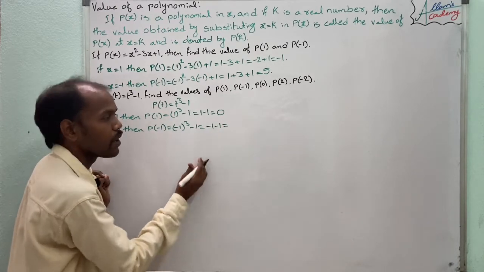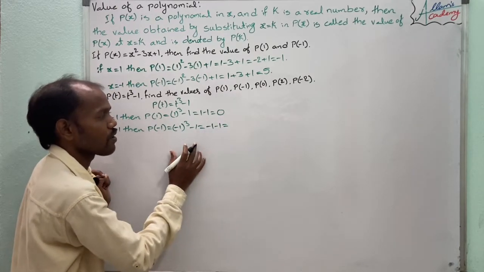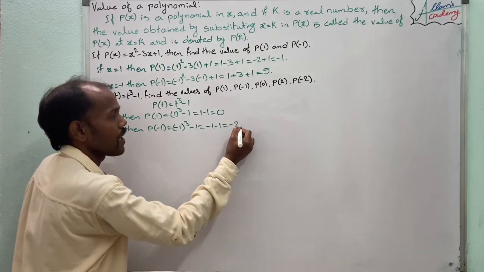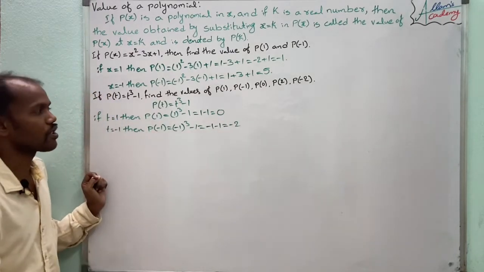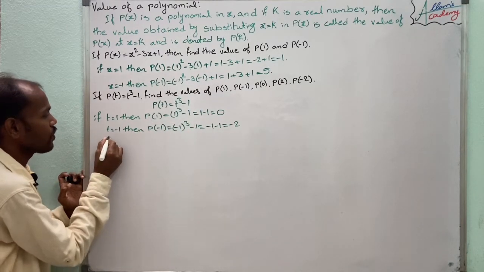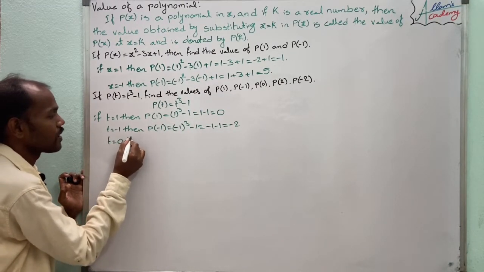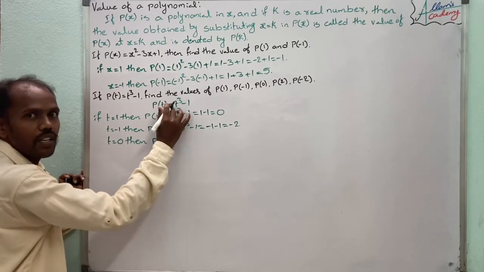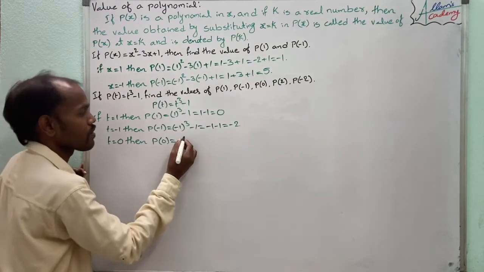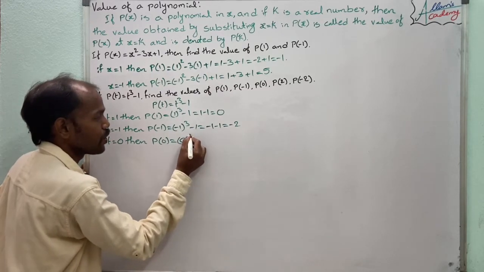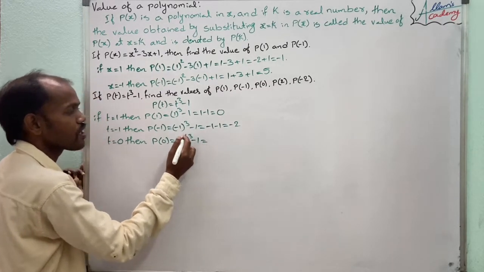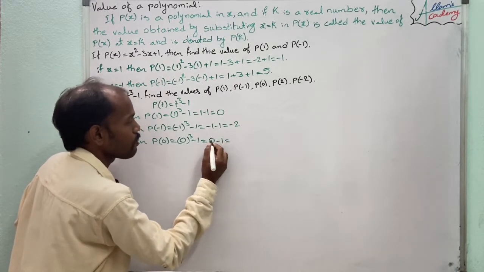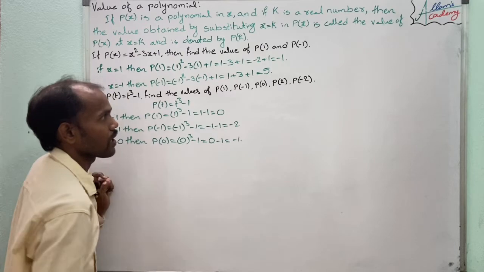Minus 1 minus 1, both are negative numbers, so we do addition but keep the minus symbol. That means minus 2. And the third one, if t equal to 0, then p of 0 equal to 0 cube minus 1. 0 cube equals 0 only, minus 1. 0 minus 1 means minus 1.